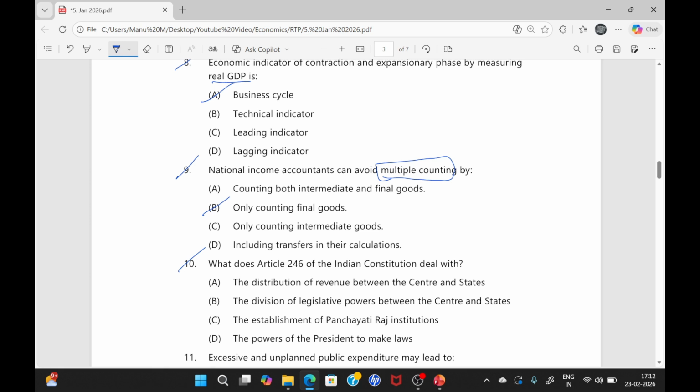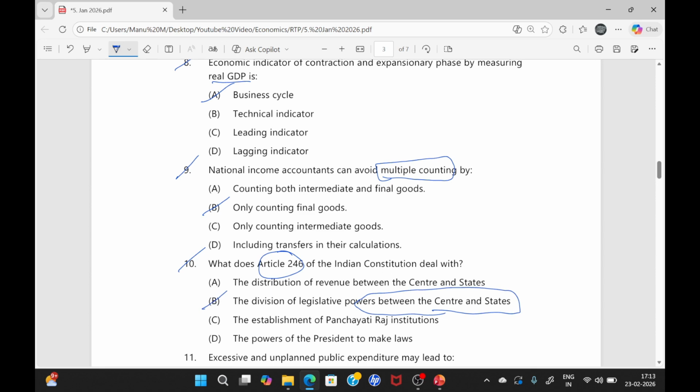10th one. What does Article 246 of the Indian Constitution deal with? Please understand, Article 246 of the Constitution deals with division of power, decentralization. That is, division of the legislative powers between the state and the central government. Please know that India is a federal form of government.